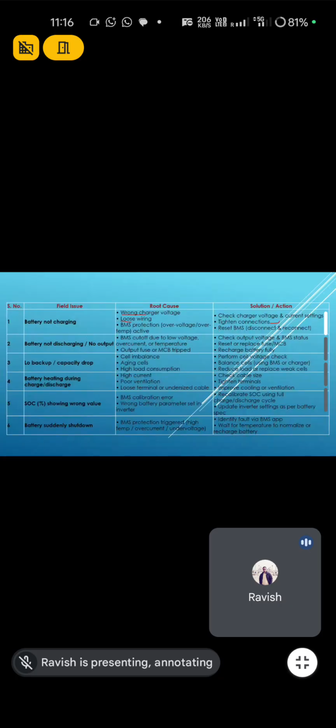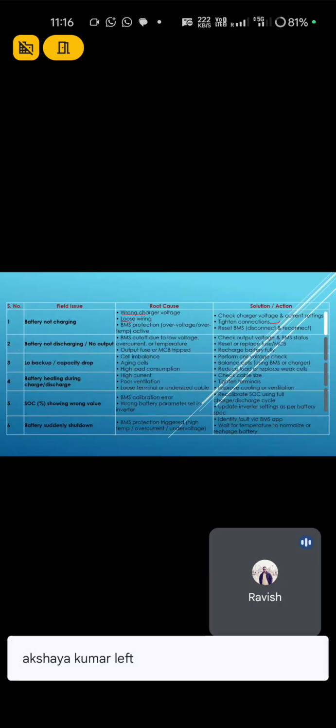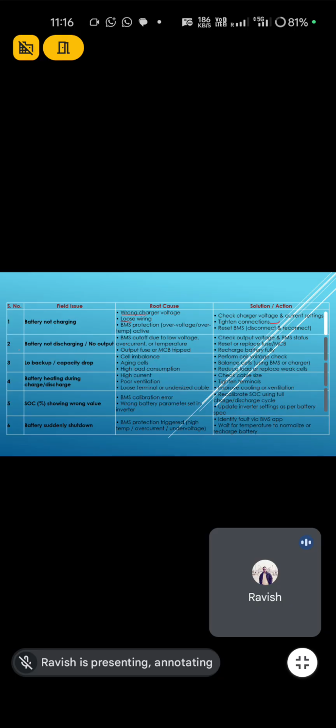Okay, then the second one is the battery not discharging, no output. If the battery terminal voltage is 0 or not charging, or there is less voltage than the nominal voltage, like if your nominal battery voltage is 48 volt, but your battery is showing 25 volts.